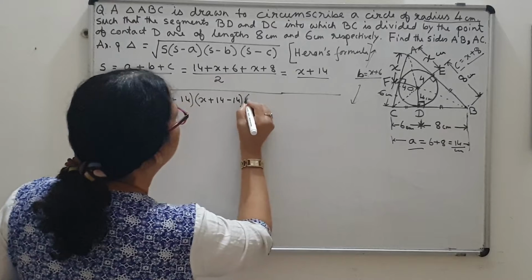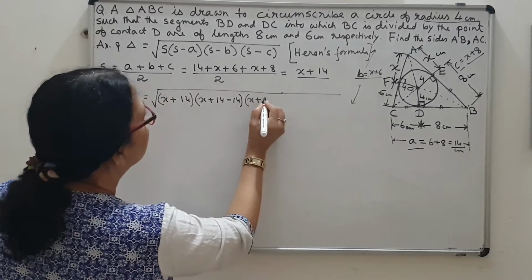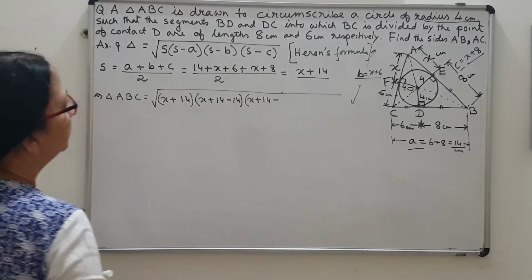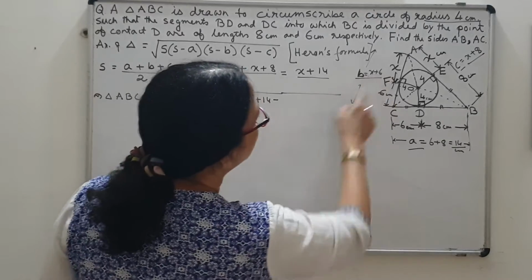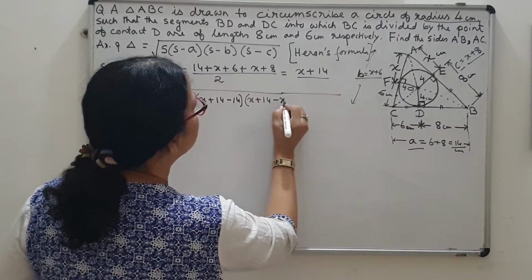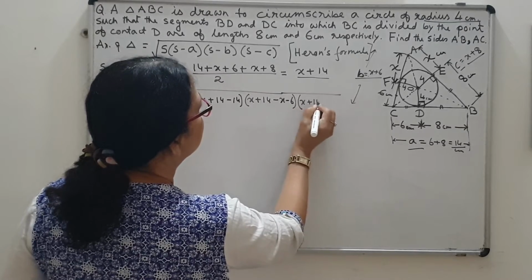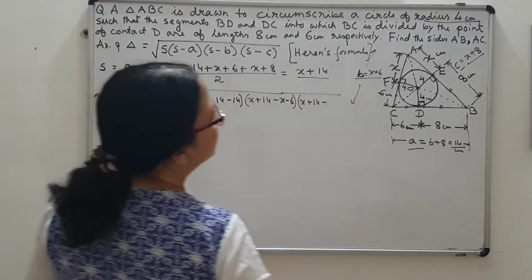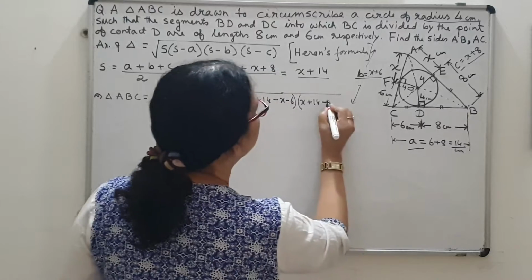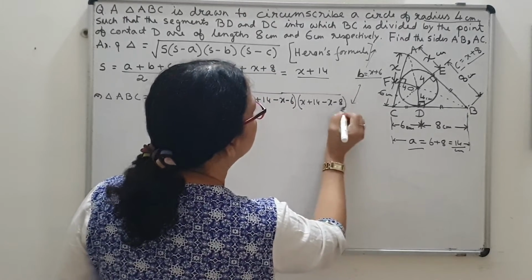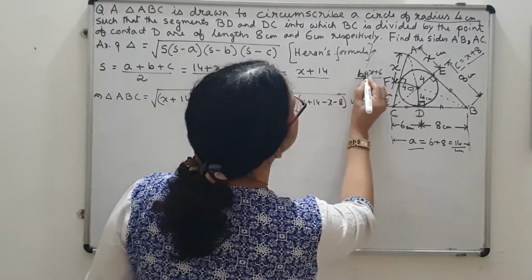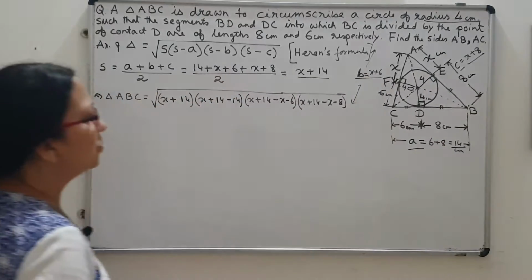Then S minus b, where b is x plus 6, so minus x minus 6. Lastly, S minus c, where c is x plus 8, so it will be minus x minus 8. I just put the values, and I think these things are clear to you.